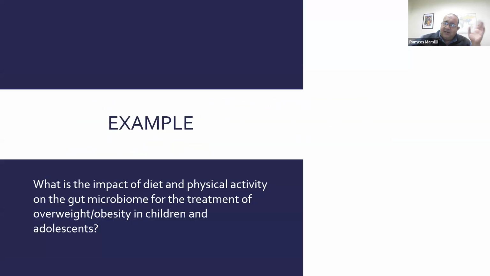So let's look at an example, okay? This is from an actual systematic review. So here's your research question. What is the impact of diet and physical activity on the gut microbiome for the treatment of obesity or overweight in children and adolescents? So let's start by looking at all of our key concepts.